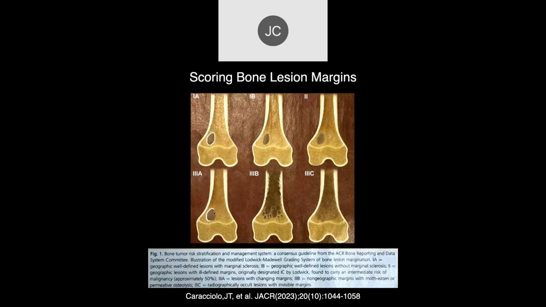Then you've got a mixed lesion, which is called 3A. Then you have a lesion where you don't have well-defined margins. They're very irregular and difficult to draw a pencil around. That would be 3B. And then 3C is basically a lesion that's there, but mostly non-visualizable by X-ray techniques. And these tend to be the most aggressive.